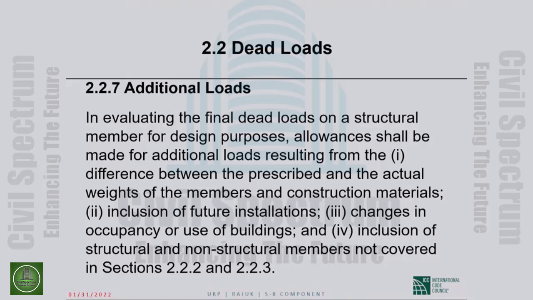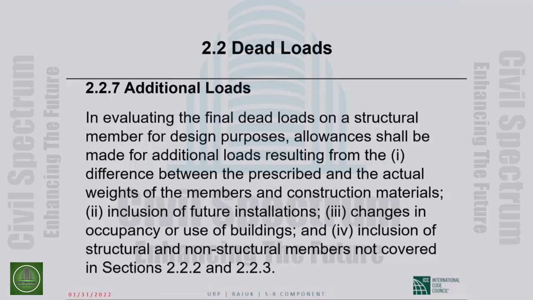So we are being asked to make allowances for differences between the prescribed and the actual weights of members and construction materials. So you have taken concrete weight at 150 pounds per cubic feet. What if it is 153 pounds per cubic feet? Again, this is very uncommon to make allowance for that in dead load calculation.